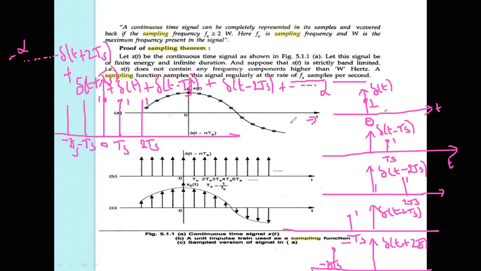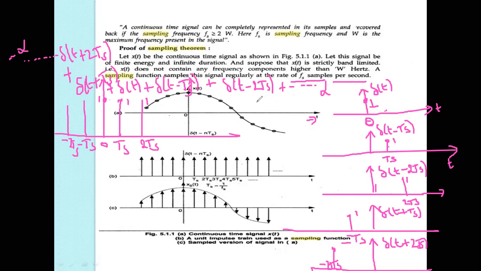The samples can also be taken over infinite duration. After adding all the shifted impulse signals, we get impulses at 0, 1 times Ts, 2 times Ts, and so on.